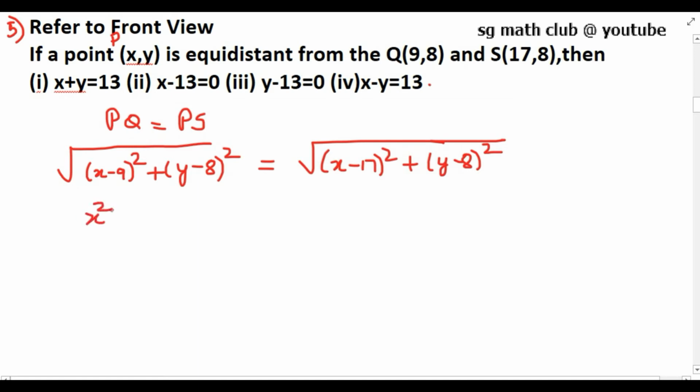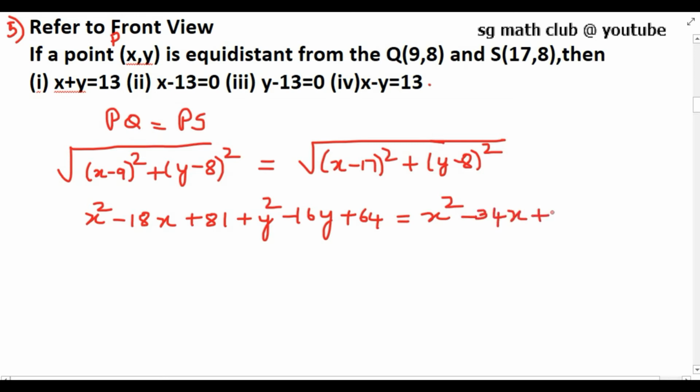So this is x square minus 18x plus 81 plus y square minus 16y plus 64 is equal to x square minus 34x plus 289 plus y square minus 16y plus 64.